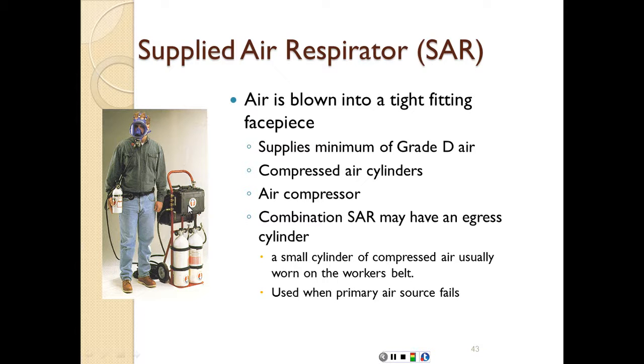A combination SAR may have an egress cylinder, which is a small cylinder of compressed air, usually on the worker's belt, used when the primary air source fails. Because we are fully relying on this compressed air, we want some redundancy in case it fails. At least we have an alternative source of purified air for an emergency exit from the toxic environment.